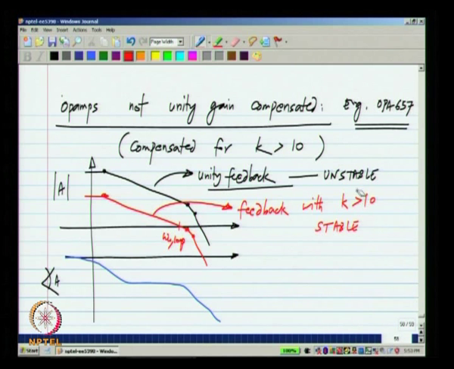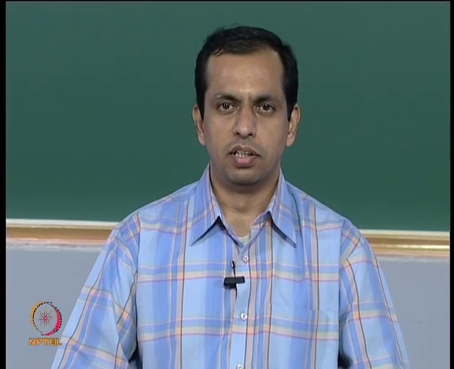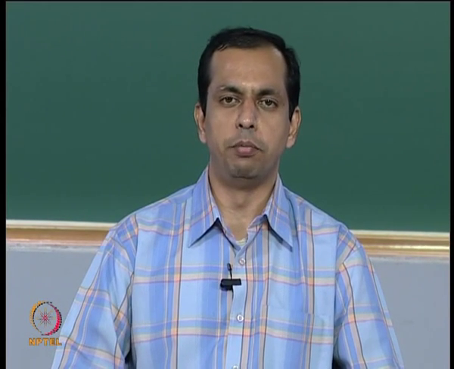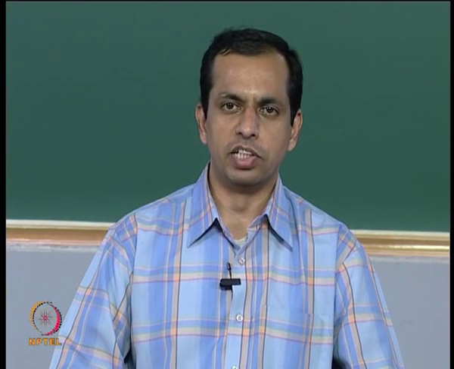For k equals 10 let us say, and for any value of k greater than 10, it will also be stable. Now, this kind of compensation, that is the op amp not being compensated for unity gain, is advantageous when you want to realize high gains and also realize high bandwidths, because the unity loop gain frequency limits the bandwidth of your circuit. There is no point in artificially limiting the unity loop gain frequency by compensating it more than necessary.